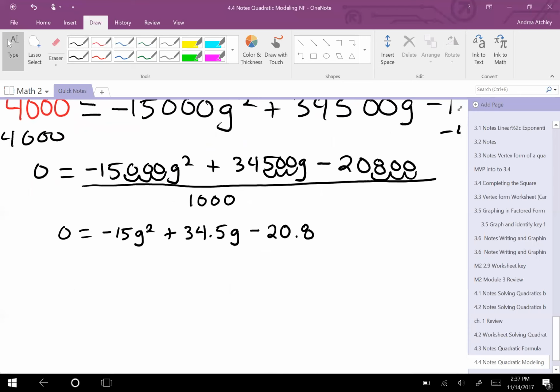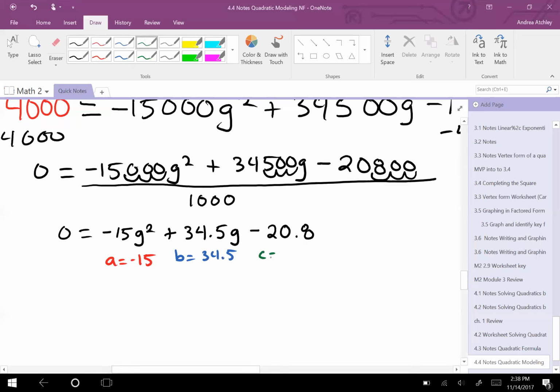Okay, now we can try and factor this to solve it, or we can use the quadratic formula. Now, I'm not going to be able to find a good factor of 20.8. So I'm going to use the quadratic formula. So my A value is negative 15. My B value is 34.5.